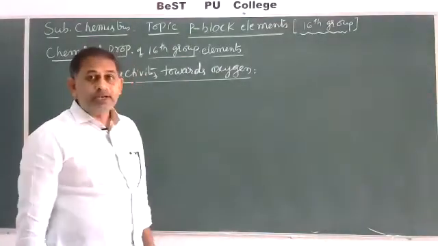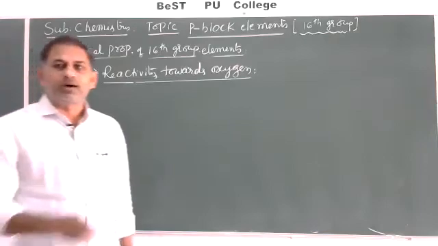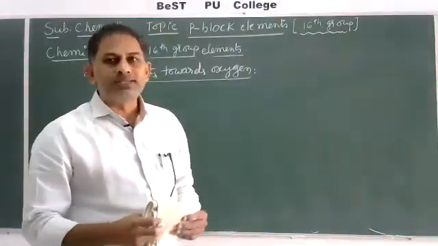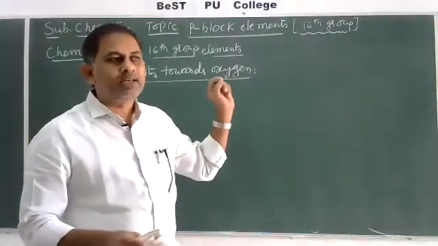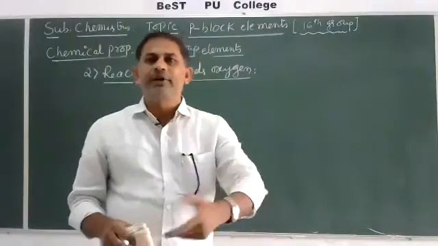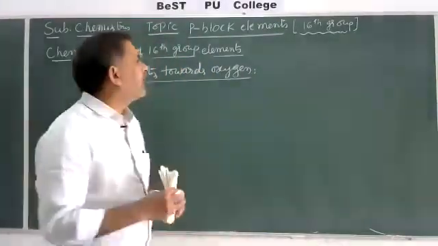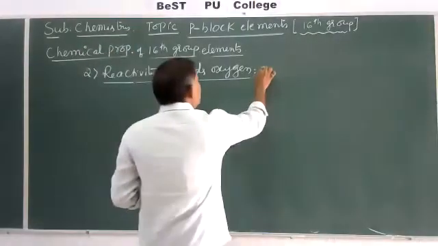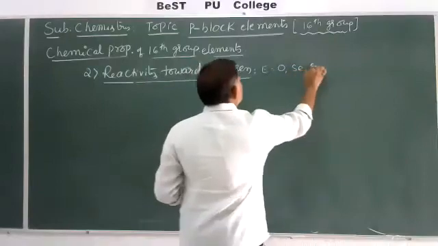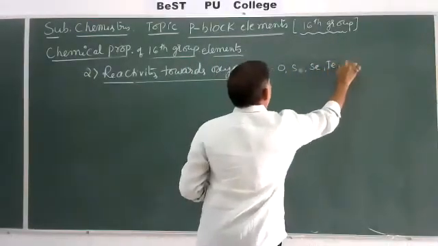Next, the second important chemical property, reactivity towards oxygen. Here, the first element of the 16th group is oxygen itself. Oxygen combines with itself and gives the corresponding oxides. The 16th group elements are oxygen, sulfur, selenium, tellurium and polonium.